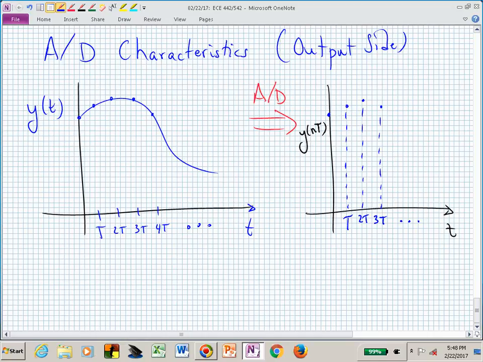What do I mean by dynamics? Is there any kind of memory? For example, an RC circuit has dynamics. A resistive circuit has no dynamics, does it? You inject an input, and the outputs or the other signals in your system are proportional, and they're instantaneously there at that measured spot. Here, we're saying, are there any dynamics between the analog to digital process at the output side?